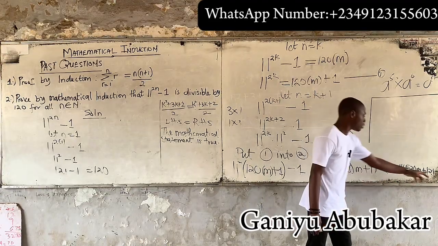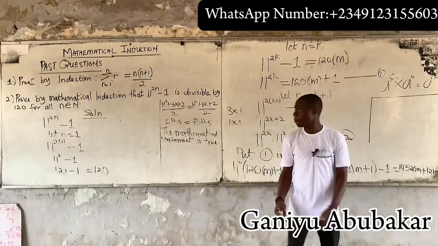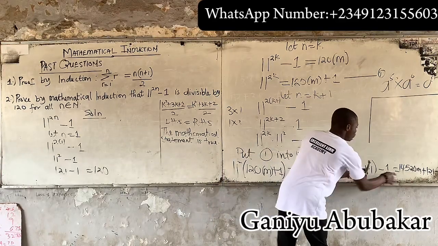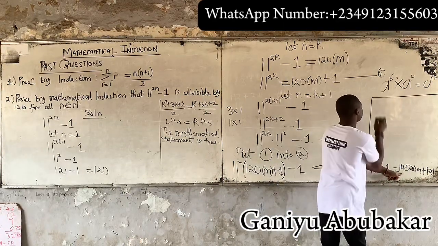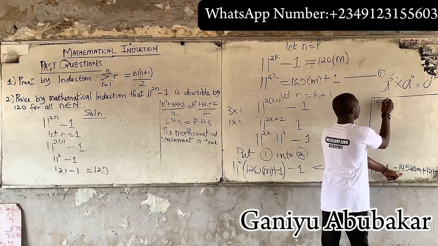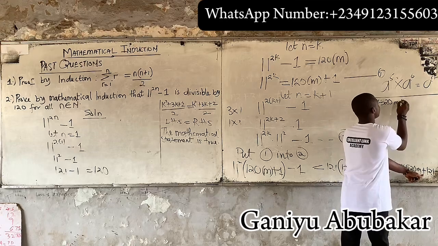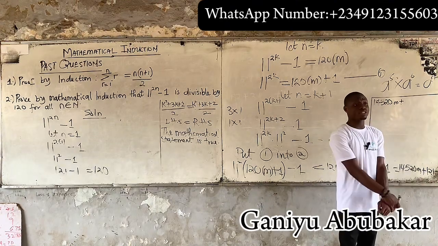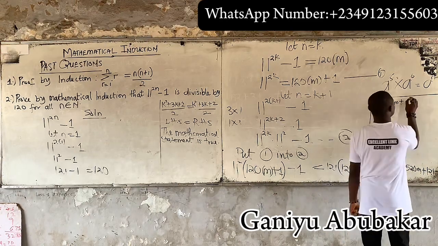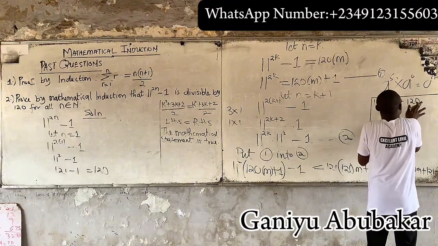Then minus 1 is minus 1 here. From here now, listen up. I'll have 14520m plus 121 minus 1, which is 120. That becomes 120. This is my answer here.